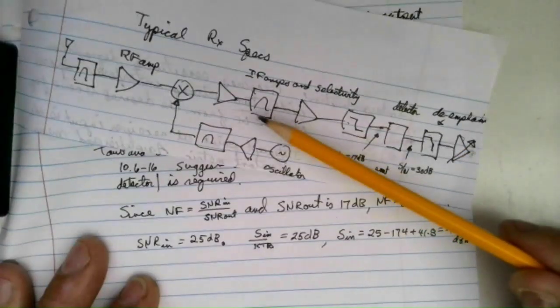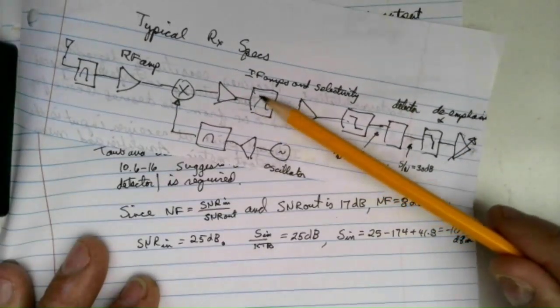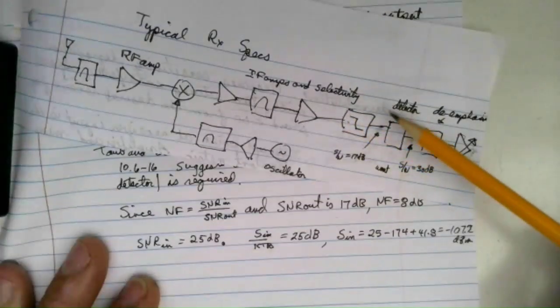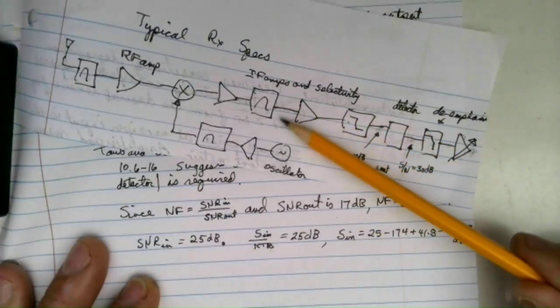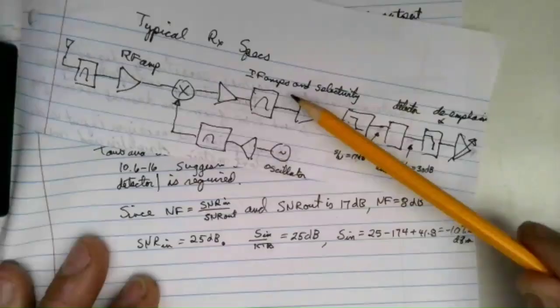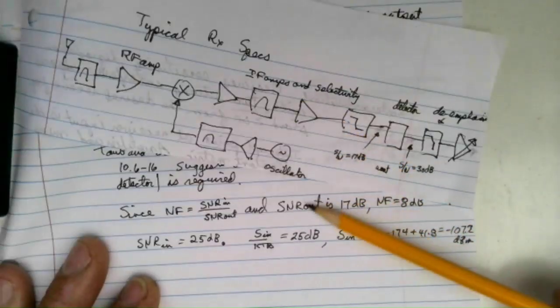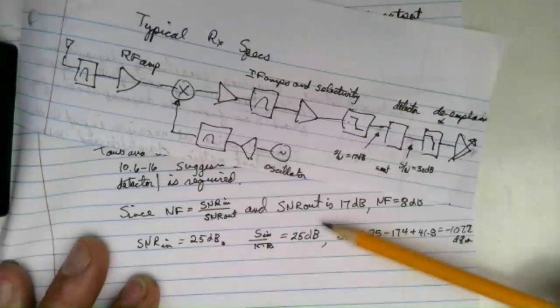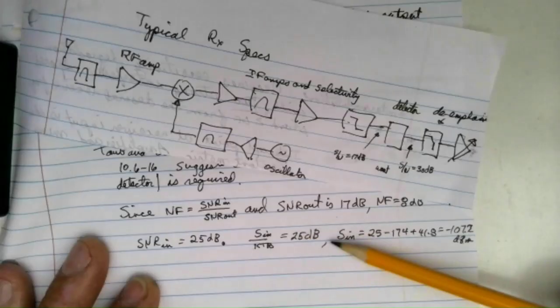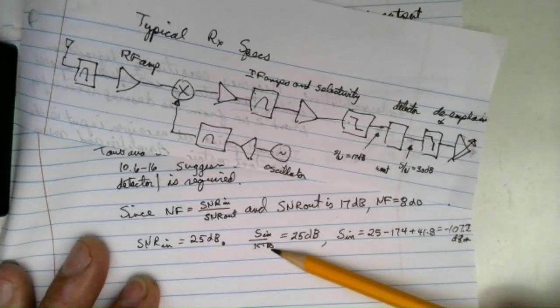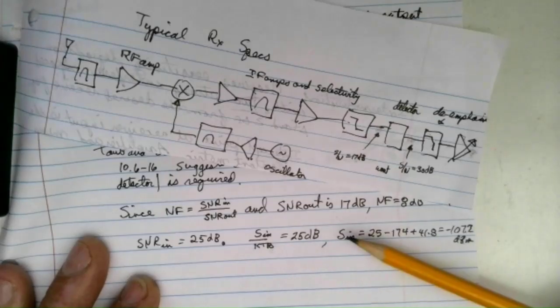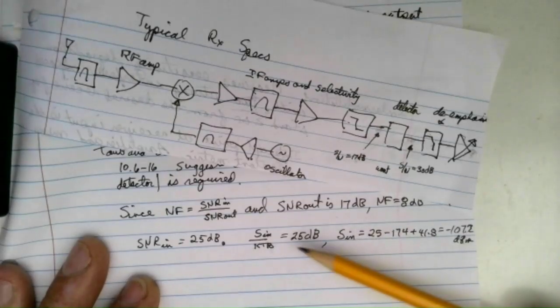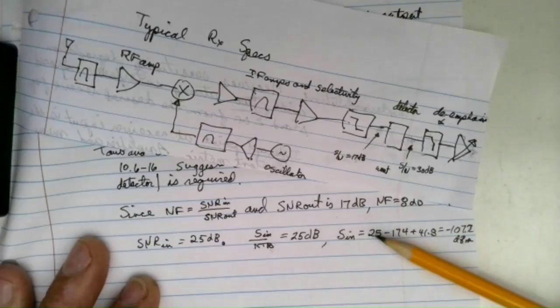All right, but back here in the IF, to support that 15 kilohertz audio bandwidth you need 30 kilohertz because it's double-sided. However, I believe the way this equation is written in Taub and Schilling is that it's supposed to be a 15 kilohertz bandwidth here that you plug in for the B in KTB, and then just working in dB so you don't have to divide and multiply here.